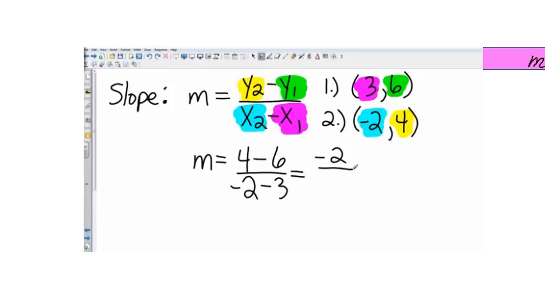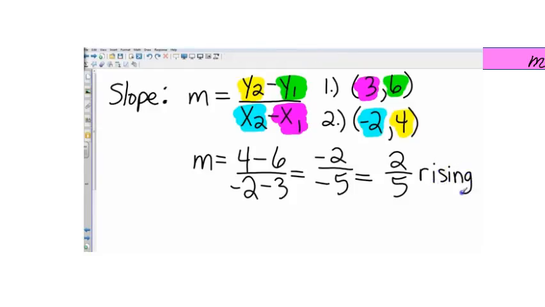Negative 2 minus 3 is negative 5. And because I have a negative over a negative, that makes it positive 2/5. So this is going to be a positive slope, and it will be rising. Positive 2/5, and it will be rising.